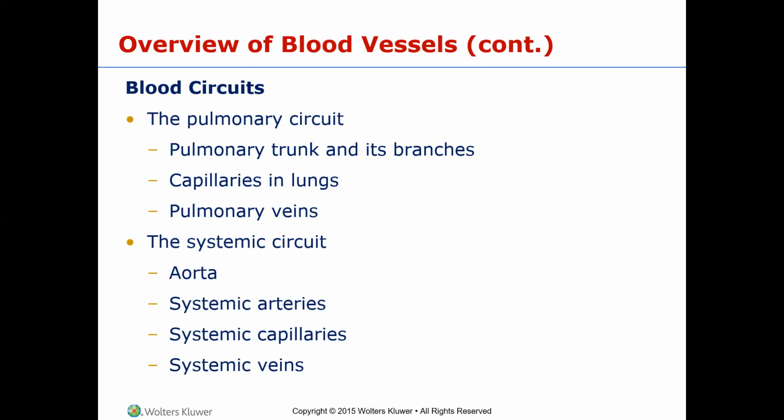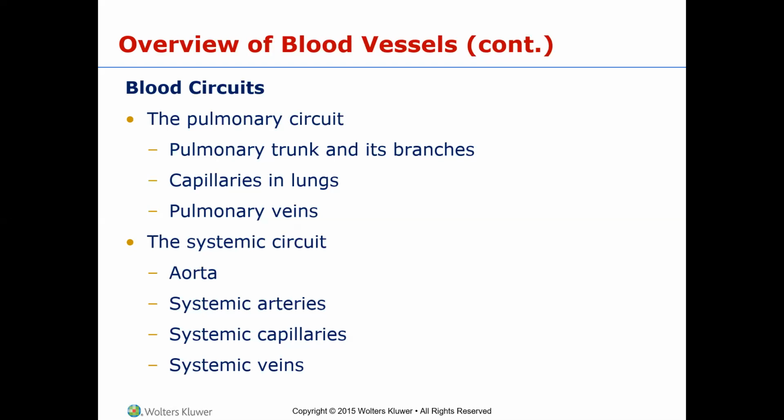The systemic circuit consists of the major artery that's coming off of the heart, which is known as the aorta, and then it consists of systemic arteries. Primarily, the aorta is the largest.